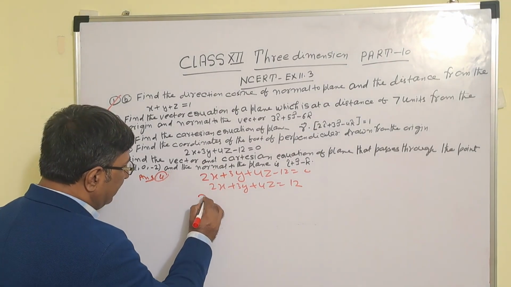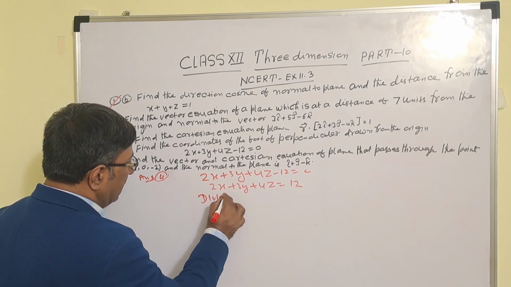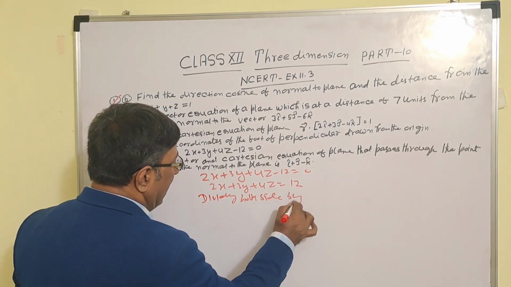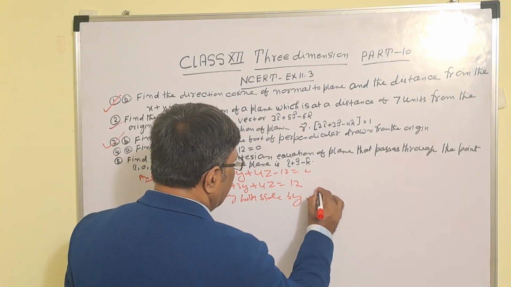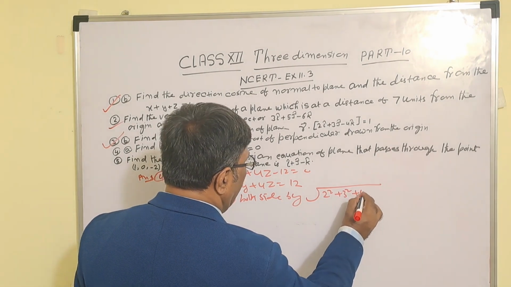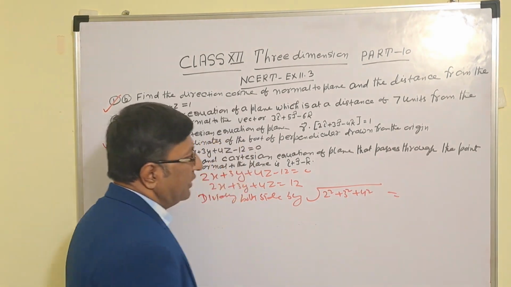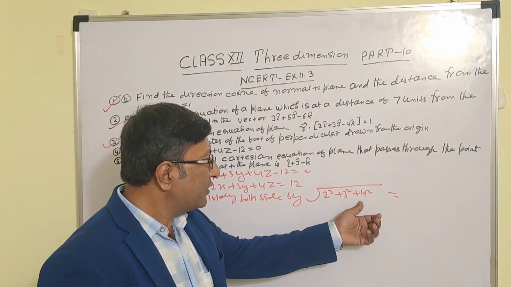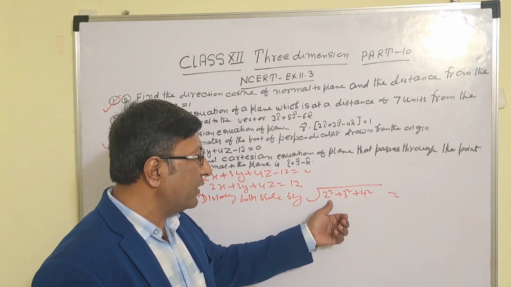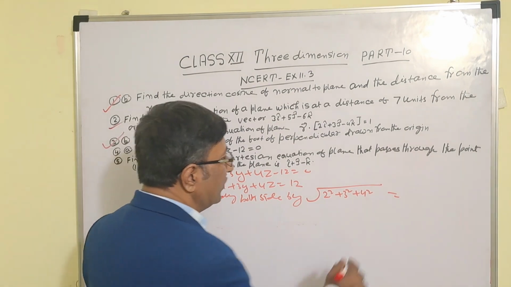So dividing both sides by a square root of 2 square plus 3 square plus 4 square. So this is how much? 4 square 16 and 2 square 4. So this is 16 plus 4 is 20 and this is 9, 29. So this is what?